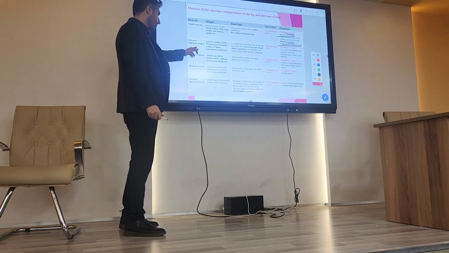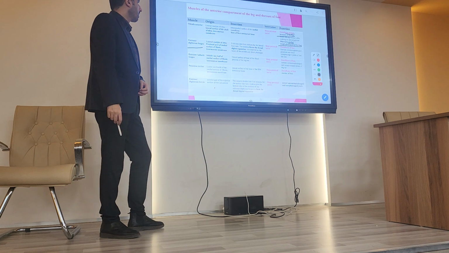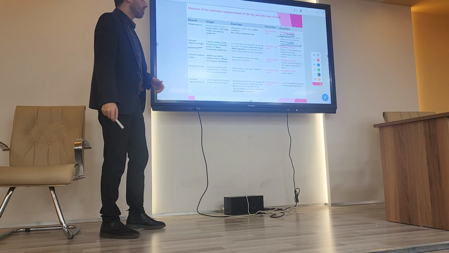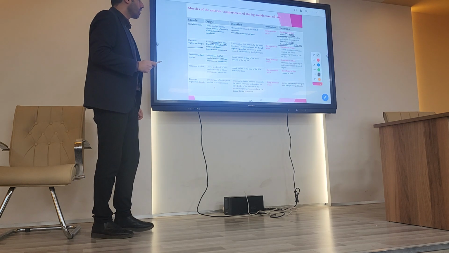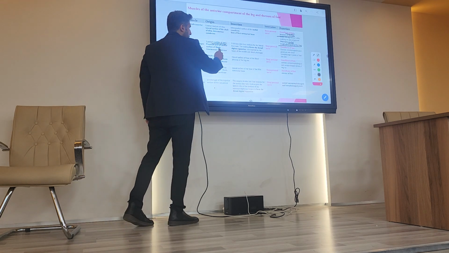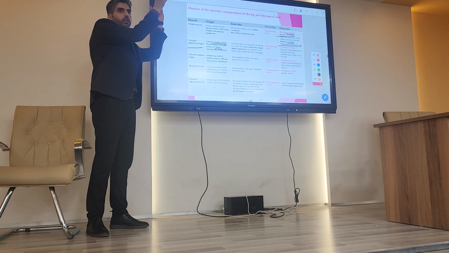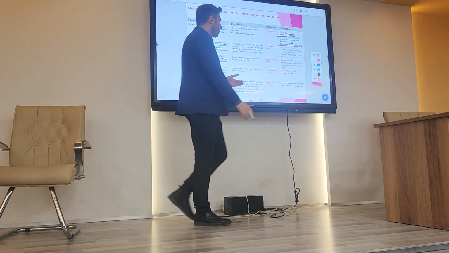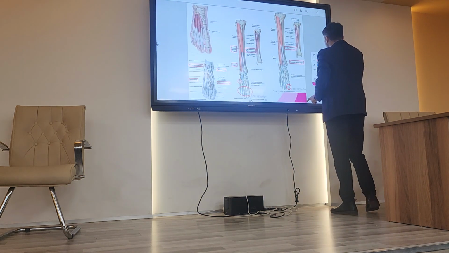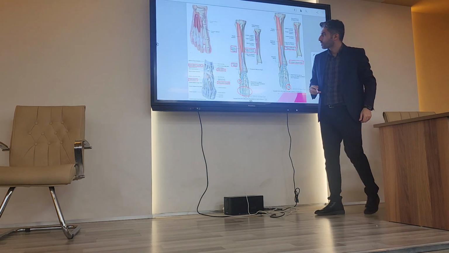Next, extensor digitorum longus. Again, it starts from the lateral side of the tibia, lateral condyle of the tibia. Also attached to the proximal part of the fibula and interosseous membrane. Look at the picture. This muscle is extensor digitorum longus.